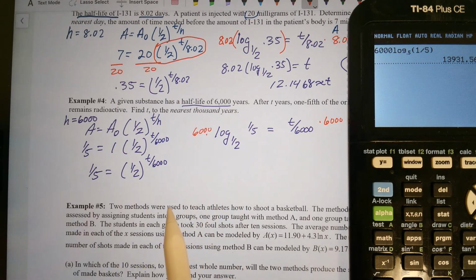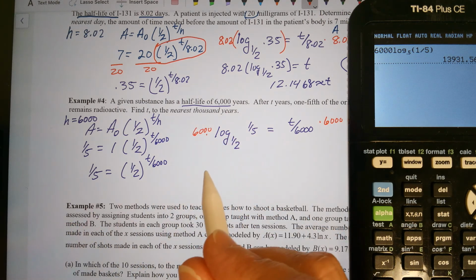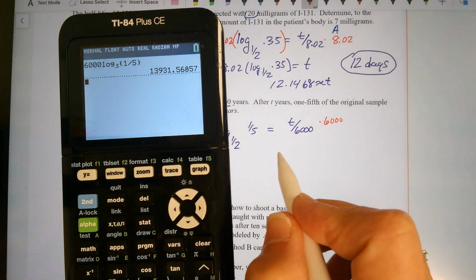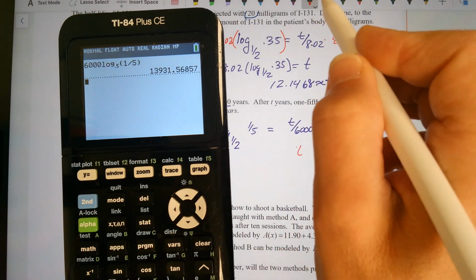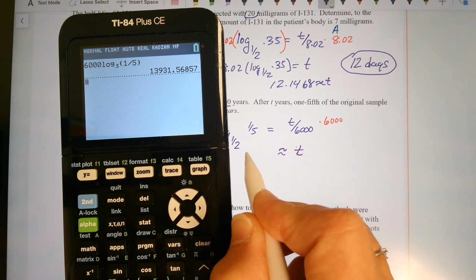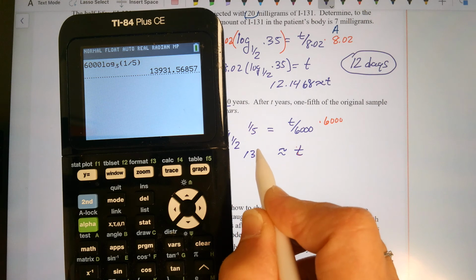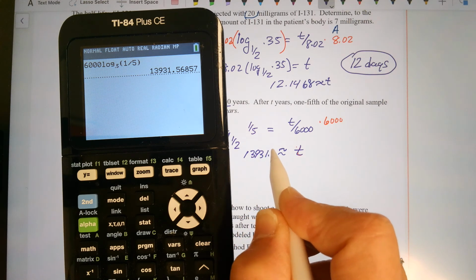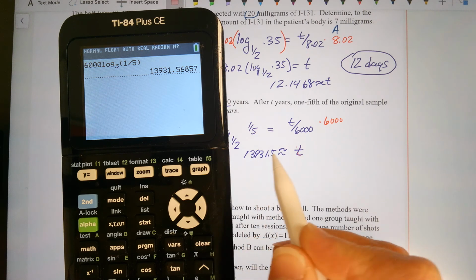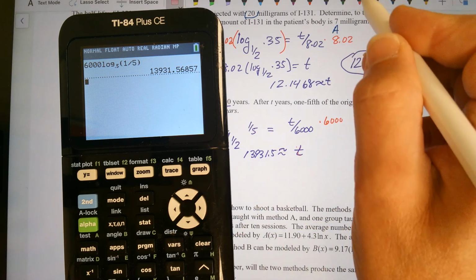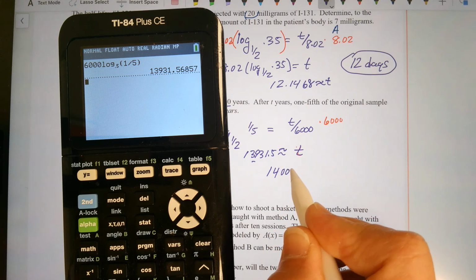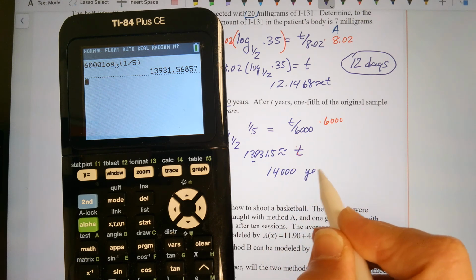To the nearest 1,000 years, so t equals... 1,000 years, so the 3 is in the thousands place, right? So this would be 14,000 years.